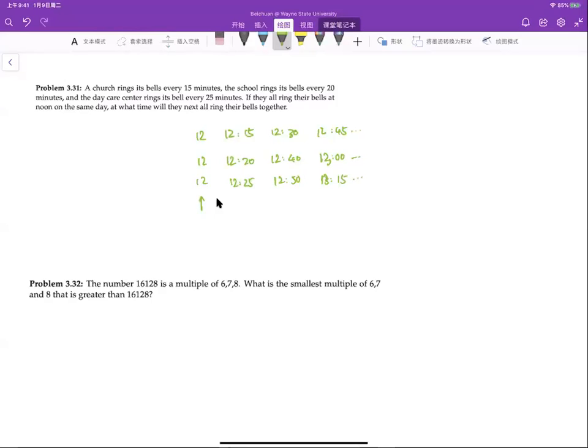Right, so basically we're looking for the LCM of 15, 20, and 25. So this is pretty easy because we know that 15 equals 3 times 5, and 20 equals 2 squared times 5, and 25 equals 5 times 5, which is 5 squared.